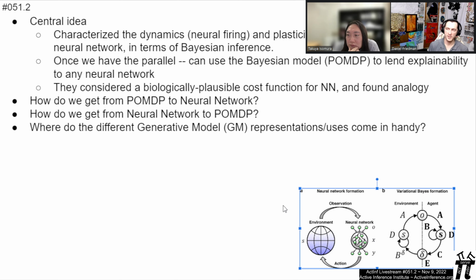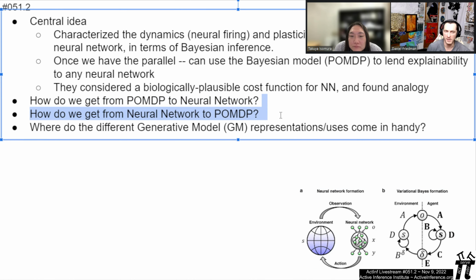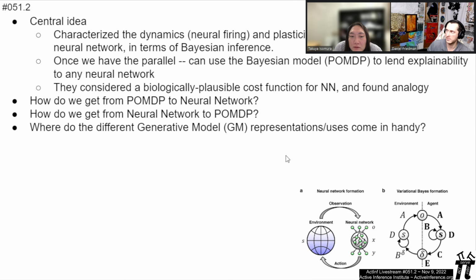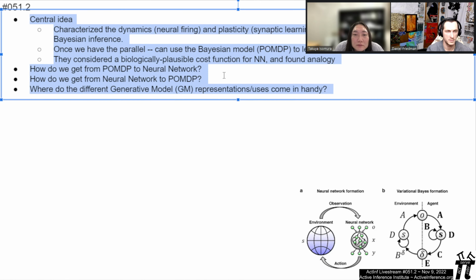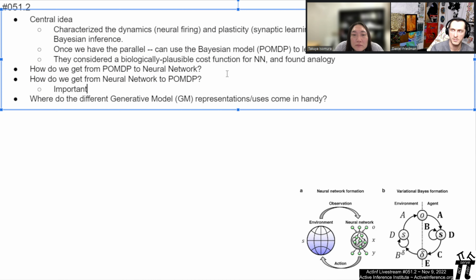So for some neural network being used in an industrial setting, how would we get from the neural network to a POMDP, and where or how would that representation be valuable? Right. When the neural network is in a different architecture, the important point is that we consider a particular form of neural network, which is called the canonical neural network architecture.